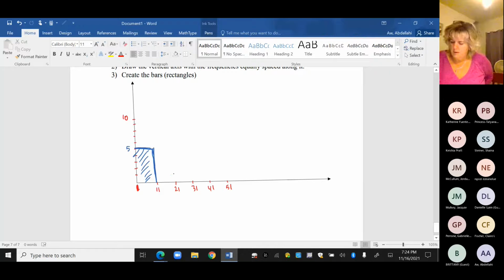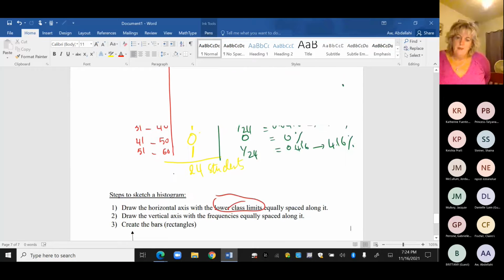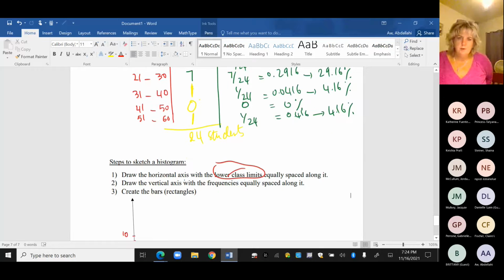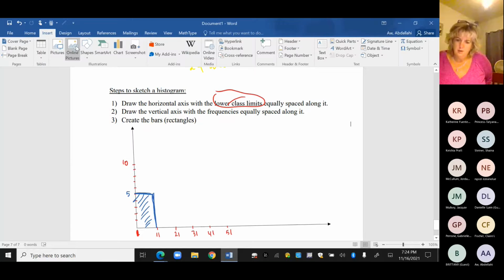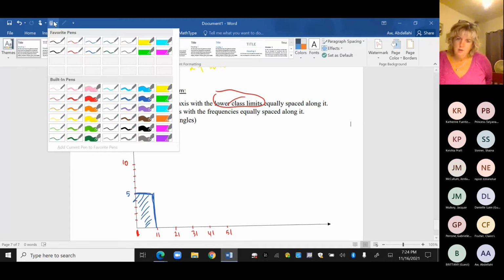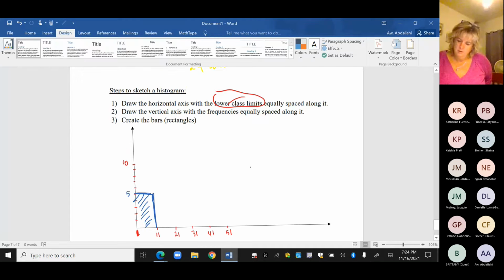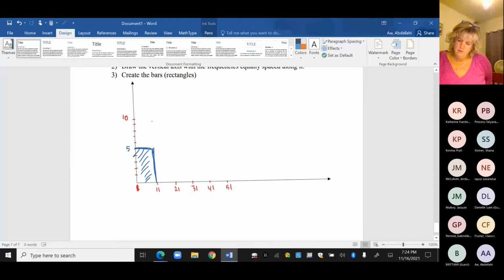The second class, the frequency is how much? It's 10. The second one is 10, so we do this. You see, the bars are all adjacent.